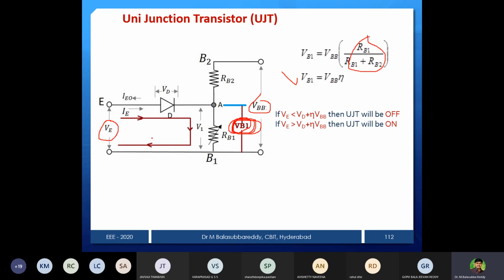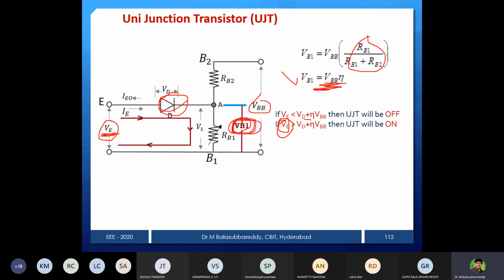Now if the emitter voltage is less than that or greater than that, based on that the device is going to turn on or turn off. Device means here the junction is going to break down. So to break that junction, we require some voltage. What is that voltage? Suppose the emitter voltage is greater than this, VD, because of some small drop, 0.7 something, plus eta into VBB, this voltage. So VD plus eta VBB, this value is less than VE.